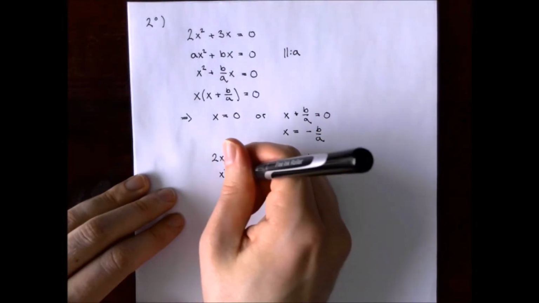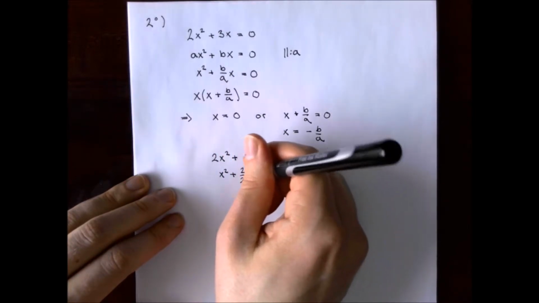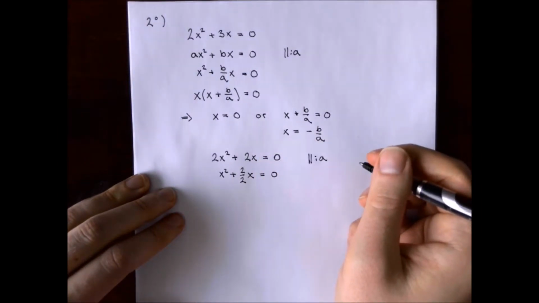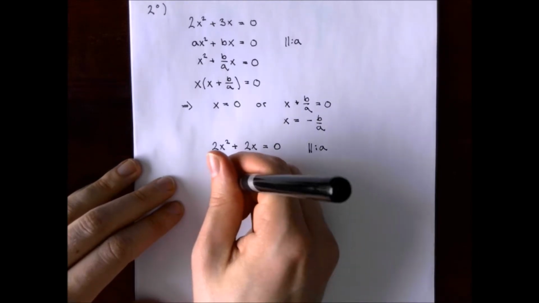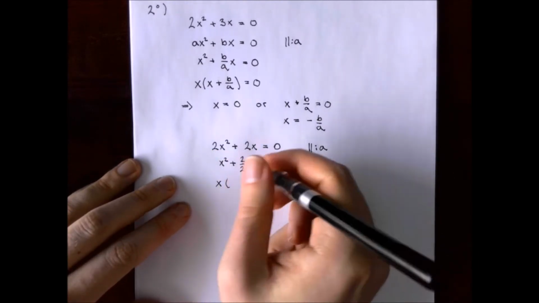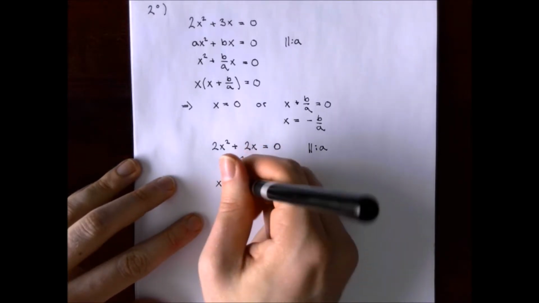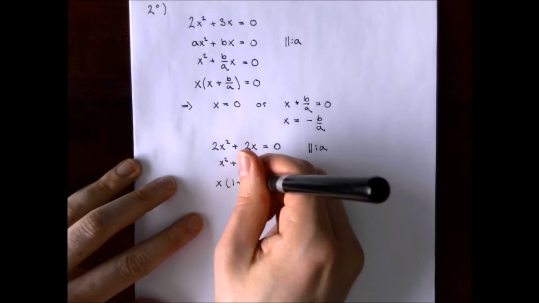We get x squared plus 2 divided by 2 times x is 0. Take x as a common factor, so we have x times 1 plus x.